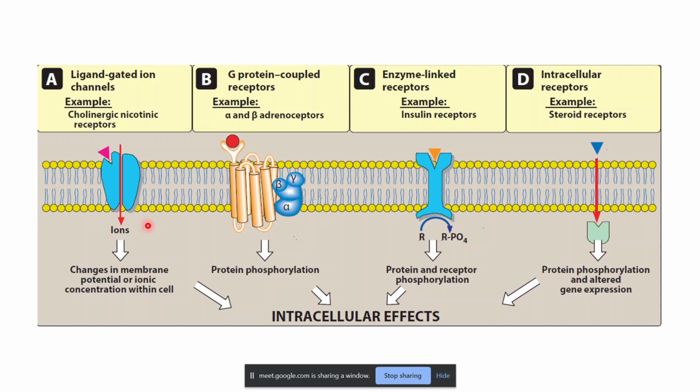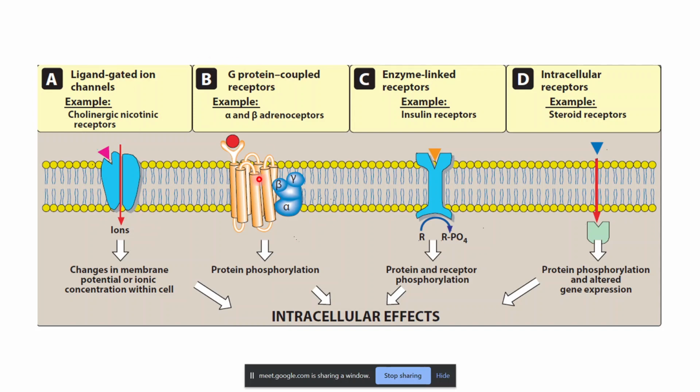Voltage-gated ion channels may also possess a ligand binding site that can regulate channel function. For example, local anesthetics bind to the voltage-gated sodium channel, inhibiting sodium influx and decreasing neuronal conduction.